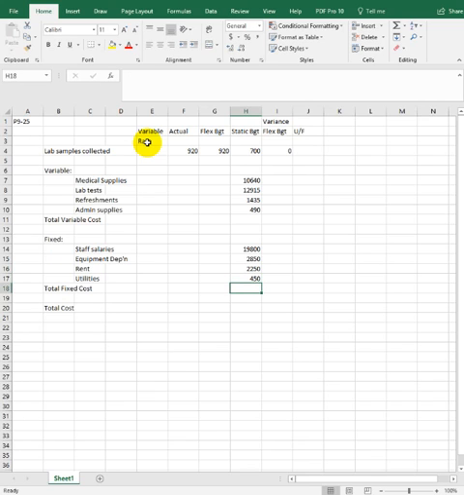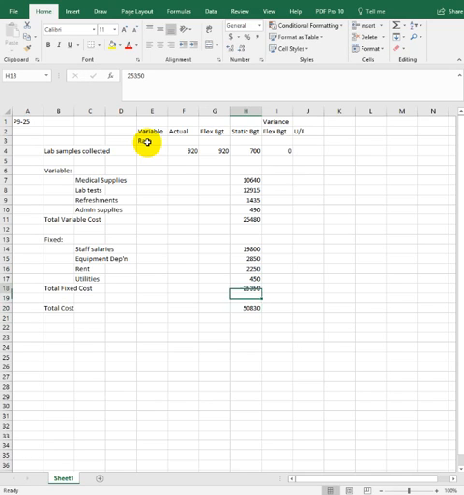And so, those are all the actual values. This number is 25,350. Our total variable cost up here, 25,480. And so our total cost is 50,830.